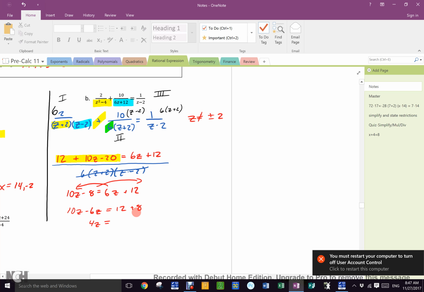What's 12 plus 8? 20. Now what? Divide by 4. And what does z equal? 5. Is that okay with our restriction? Yep. And does it work? Most likely. We could check it, but we know it's going to work because it worked in the numerator.